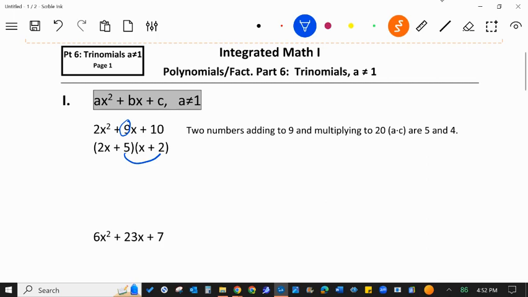So that 9 comes from a combination of the 2x times the 2 here, which is 4x, and this 5x, and that's how you get the 9x.